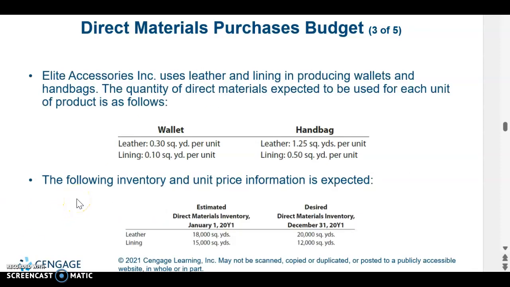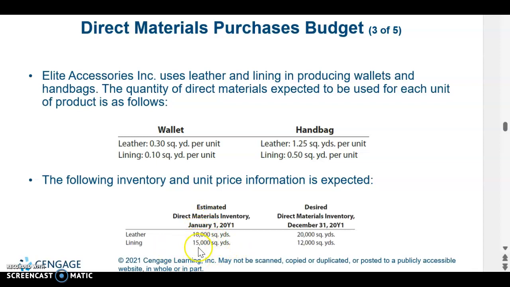So we use leather and lining in producing our wallets and our handbags, and we need 0.30 square yards per unit of leather for a wallet and 0.10 square yards per unit of lining for a wallet. And this is what we need over here for our handbags. To figure out our inventory and our unit price, we have to look at the estimated direct materials inventory.